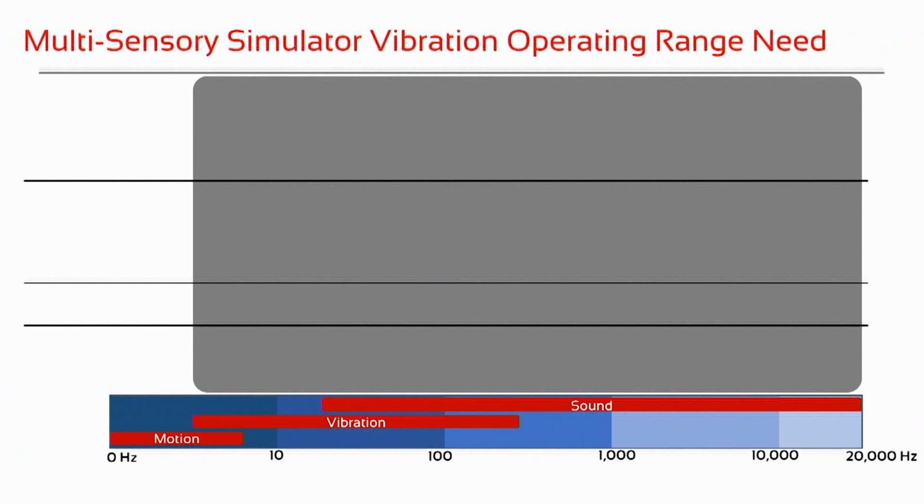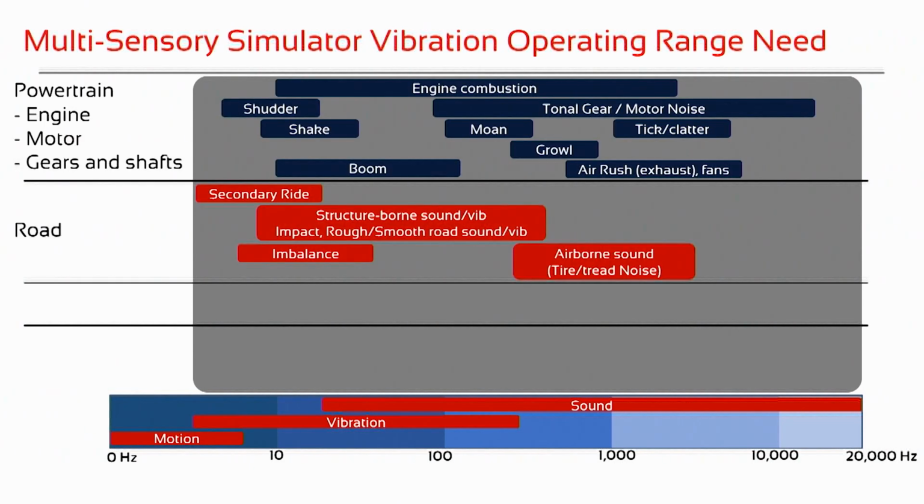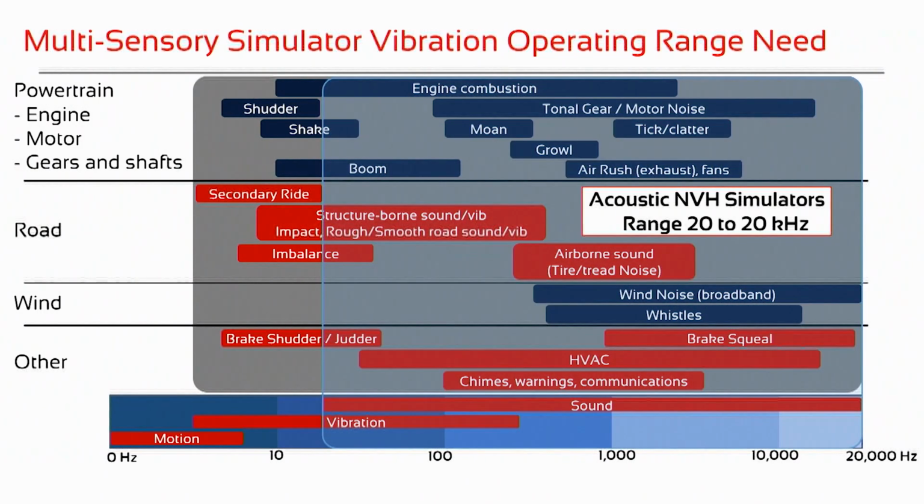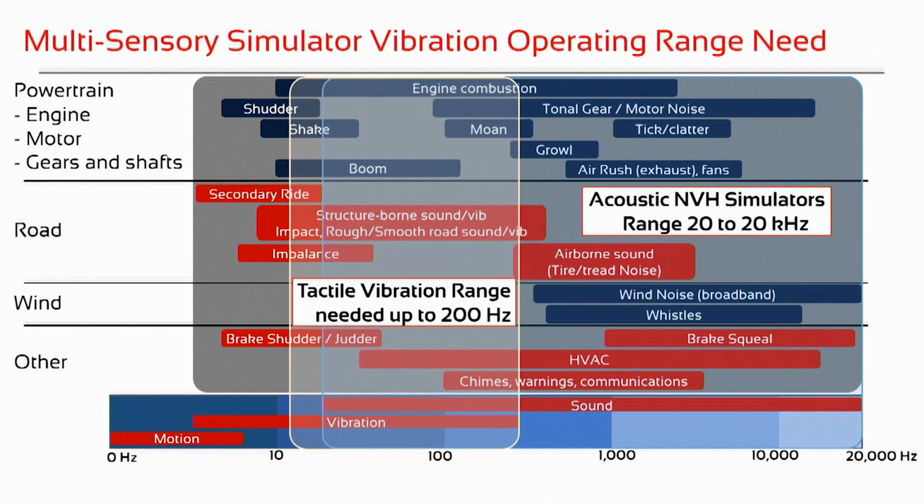As Dave presented, we've got several frequency ranges that we tend to focus on. Now, of course, current acoustic simulators can basically simulate a range of 20 hertz to 20 kilohertz. And then also there is the tactile vibration range that's needed up to about 20 to 200 hertz.